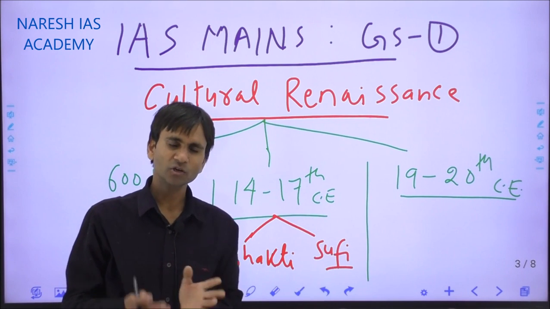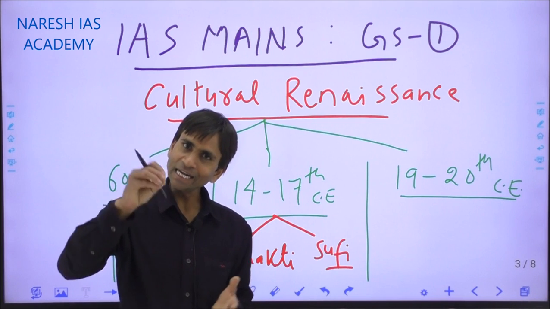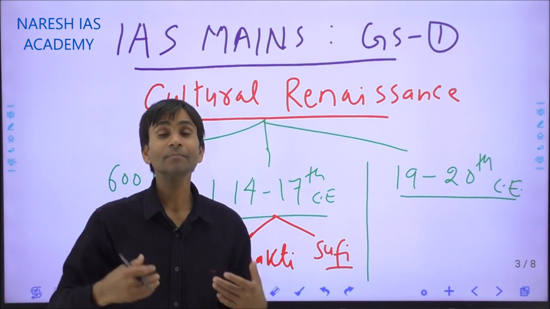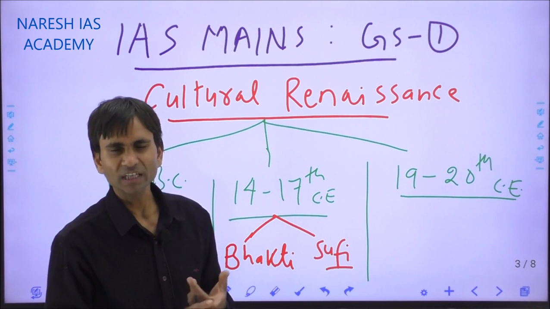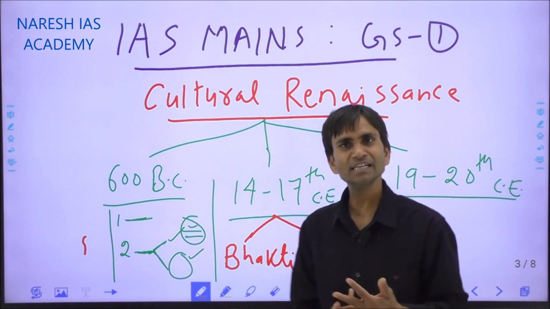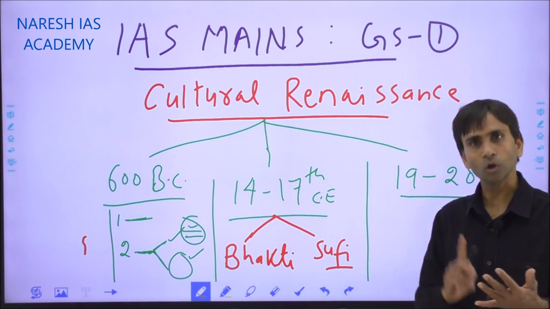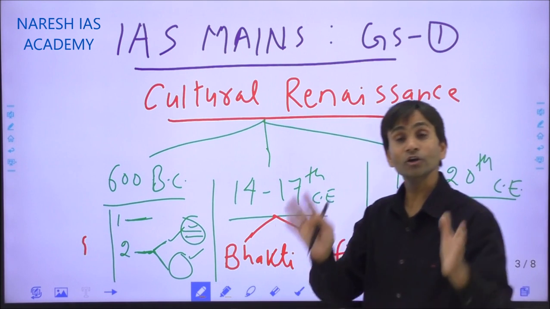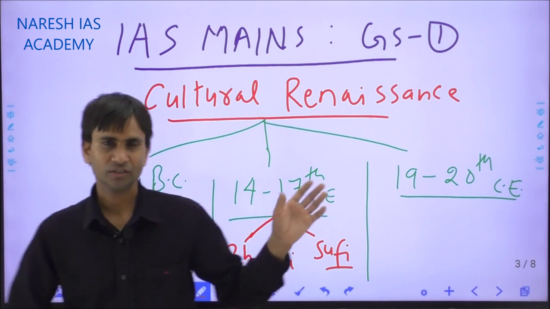Due to the Bhakti or Sufi movement, in Indian culture now we have folk culture, including folk music, folk dancing styles and different kinds of folklore. So we can trace their contribution at a large scale.